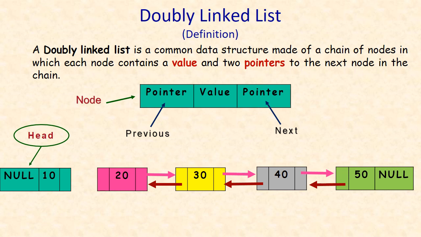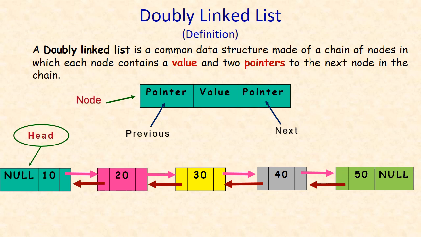The right pointer of any node points to the immediate next node, and the left pointer points to the node just before.